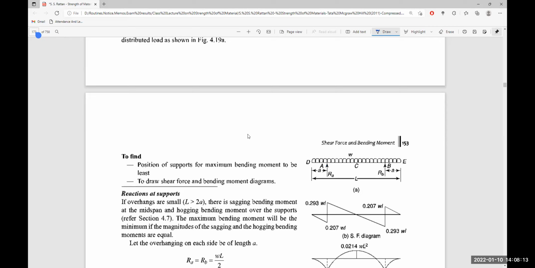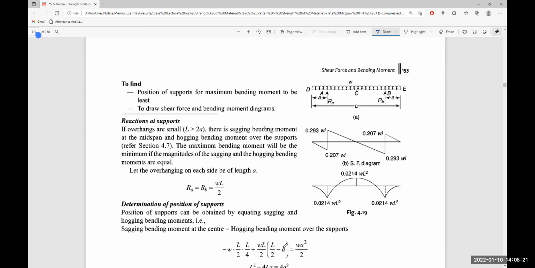Let the overhang on each side be of length a. RA is equal to RB is equal to wL by 2. The position of the supports can be obtained by equating the sagging and hogging bending moments, that is, the sagging moment at the center is equal to the hogging moment at the supports.